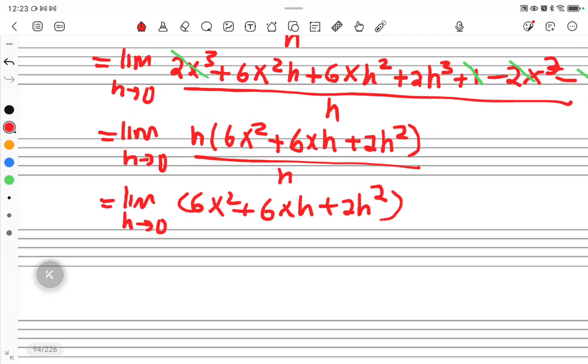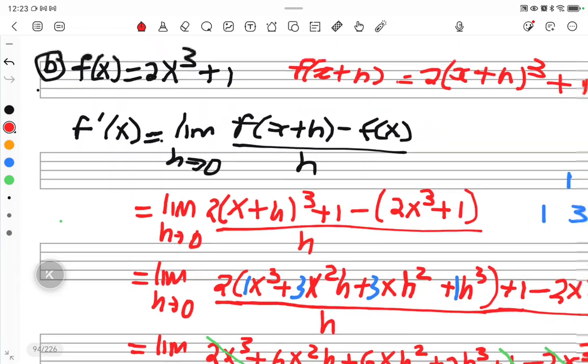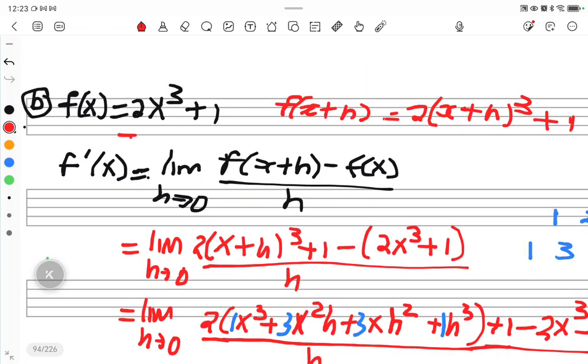Then I substitute my h. I have 6x squared plus 6x times 0 plus 2 times 0 squared, and this would be 6x squared. Then if you go back and try to derive this, you see you would get 6x squared, right? And then that is correct.